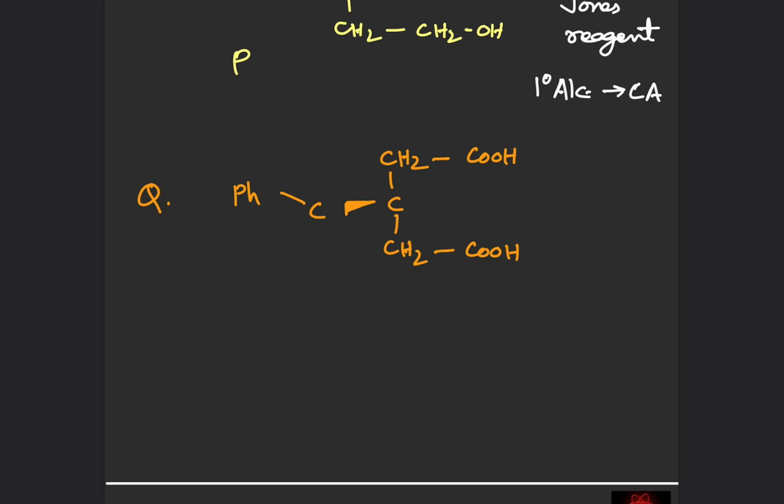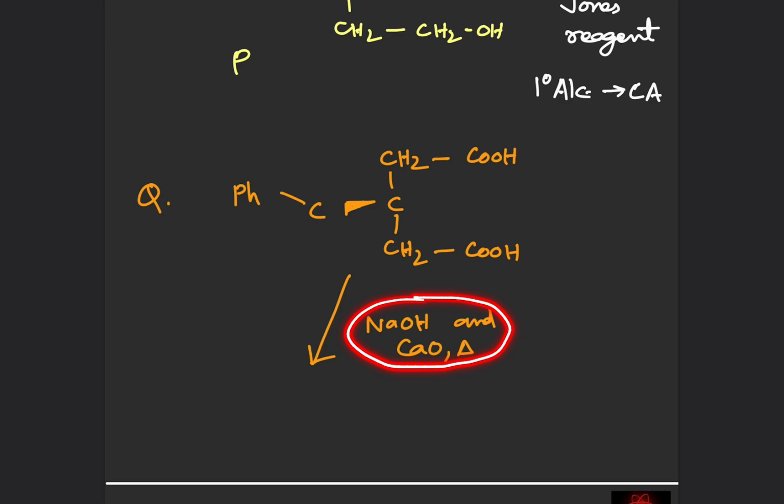And then to find R, we treat Q with NaOH and CaO, and also we have heat. Whenever we heat a carboxylic acid with soda lime, a mixture of NaOH and CaO, a molecule of CO2 is lost and an alkane with one carbon atom less than the carboxylic acid is formed, which is basically decarboxylation. So I will write that down.